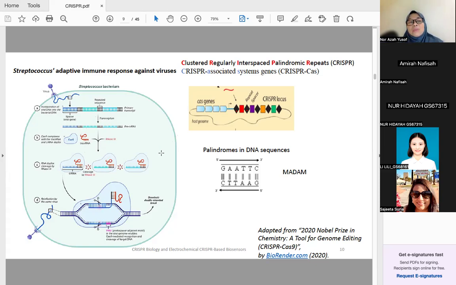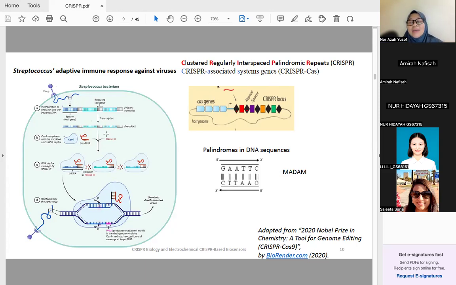So they are able to incorporate a series of genes into their own gene sequence. And in future, if there is the same virus which has a specific gene that they have memorized, they have these Cas complexes that can attack the virus by cutting.